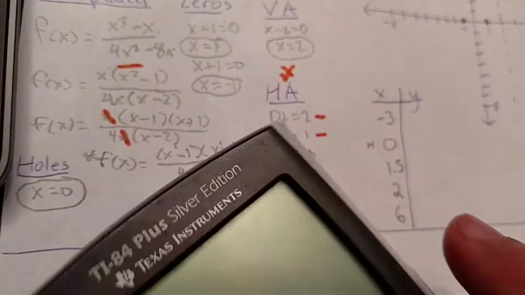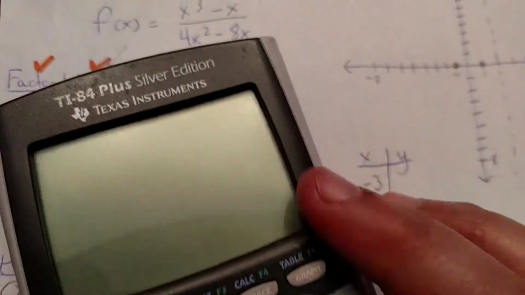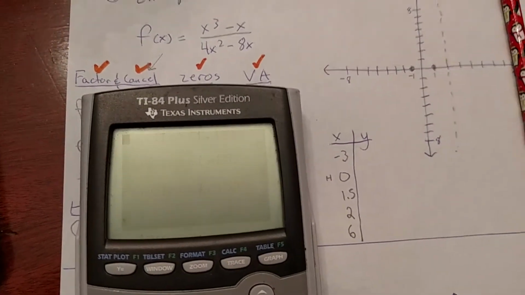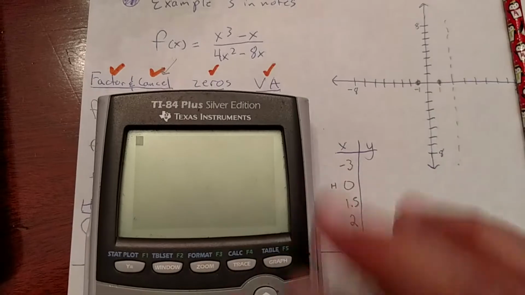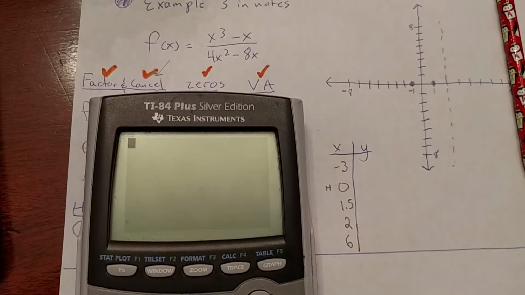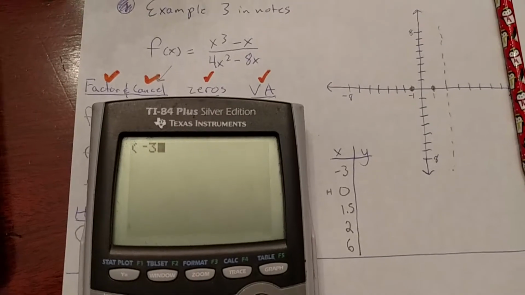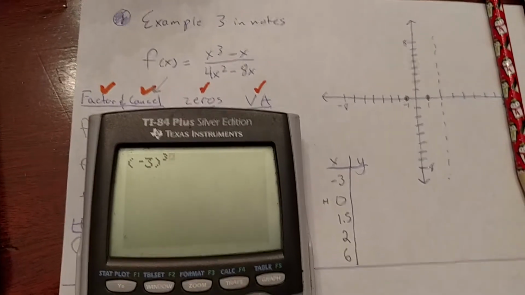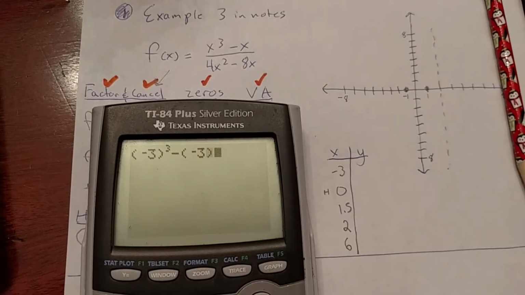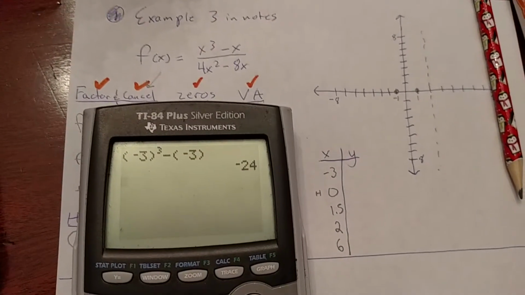Okay? Now I've got my trusty calculator. I'm going to plug in these values into the function. Now, I'm going to do it the old school way. I'm just going to plug it in the top, plug it in the bottom, and then go with it. So -3 cubed minus -3, -24, okay?